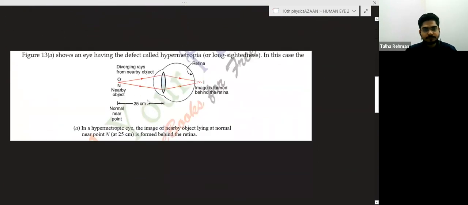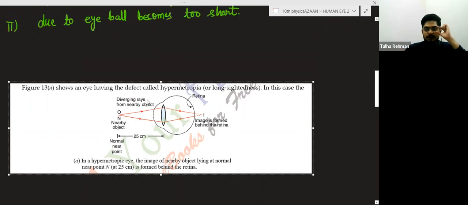Now I will tell you the whole process, what is happening. Suppose there is a person having hypermetropia. Suppose I have hypermetropia, and this pen is at a distance of 25 centimeter.